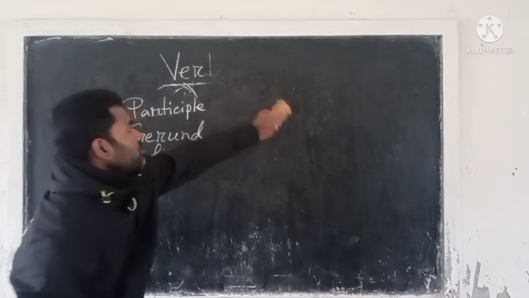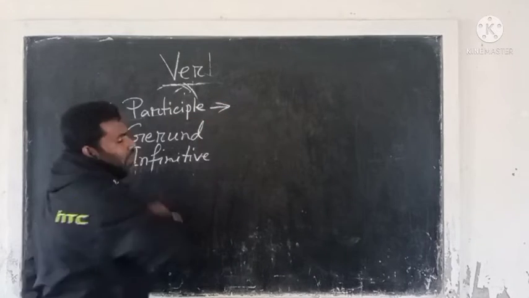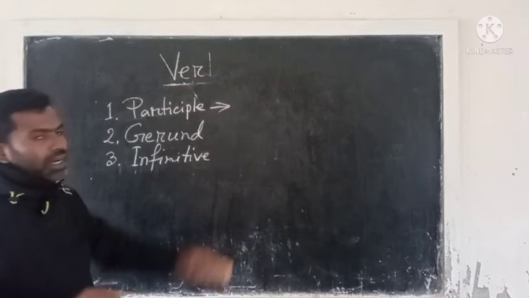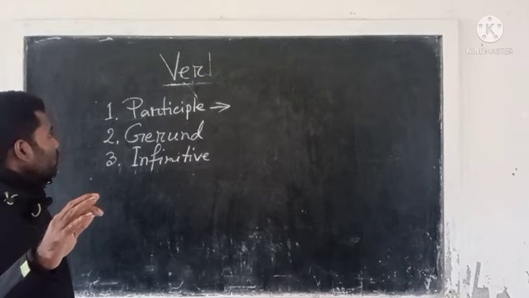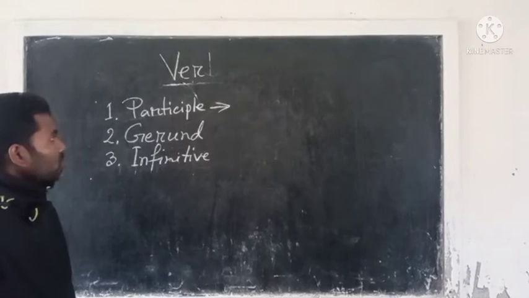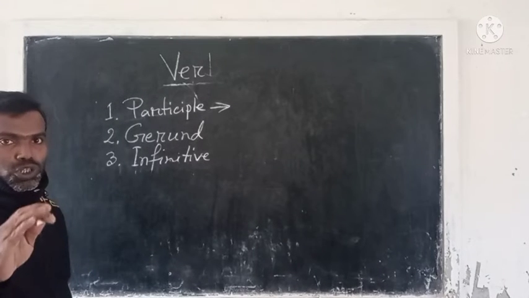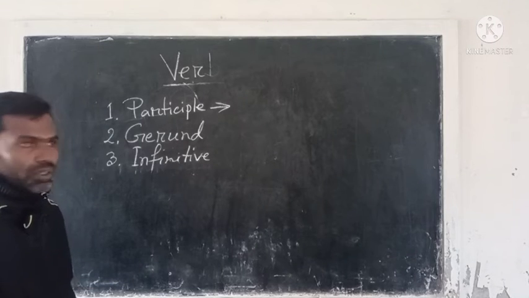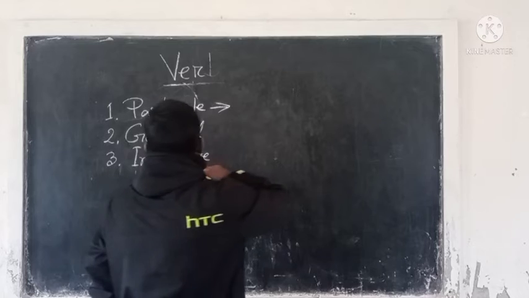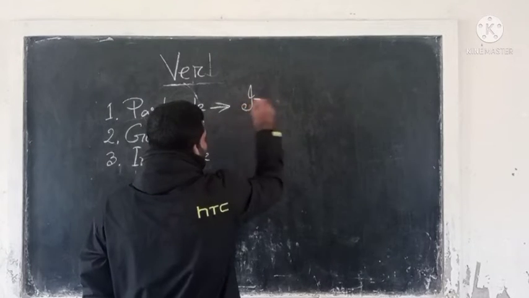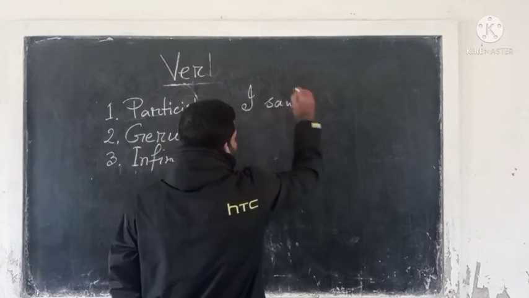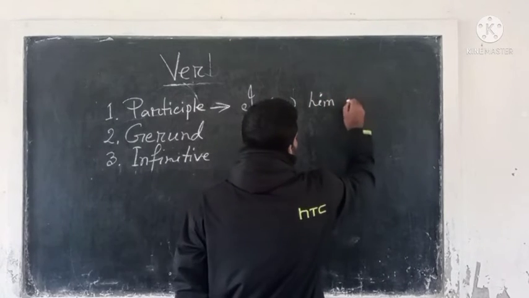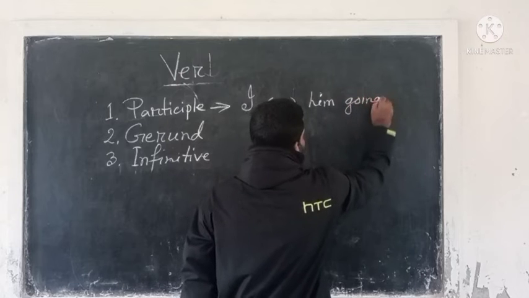What is participle? Participle is a non-finite verb, and the verb form which acts as an adjective is called participle. For example, we can write, I saw him going.